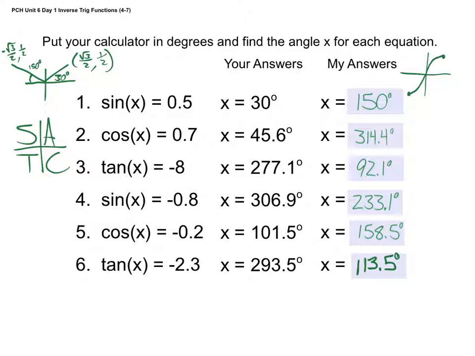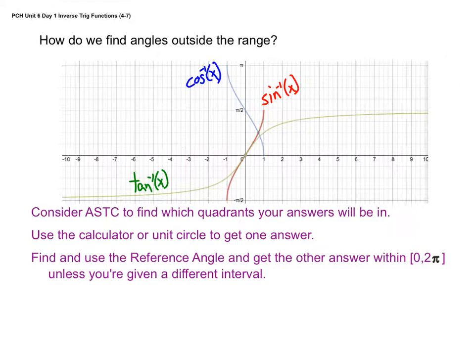So here's the thing. We've got to remember our arc cosine or arc sine or arc tangent is only going to give us a result within that area that we limited the domain to. Okay? So, how do we find answers that are outside the range?